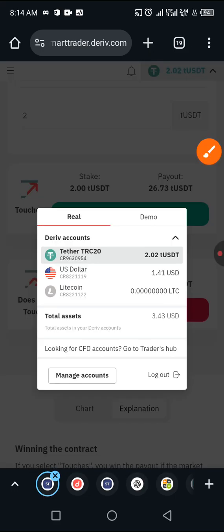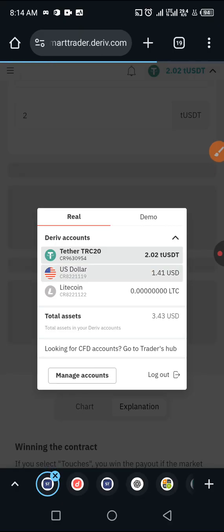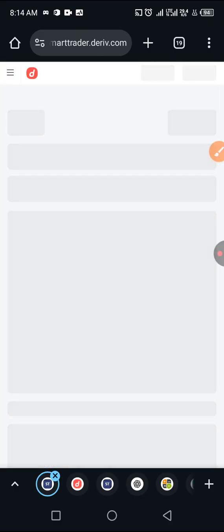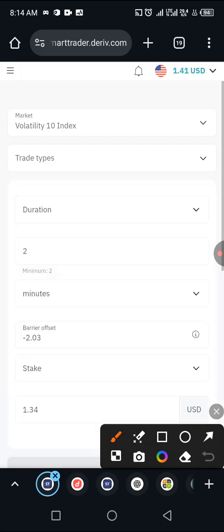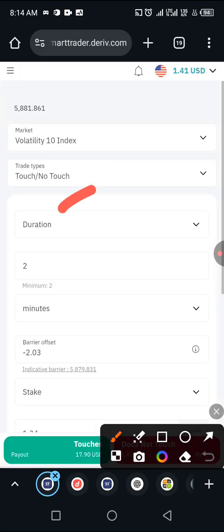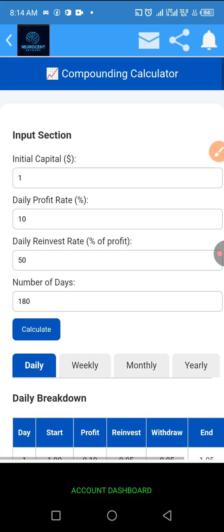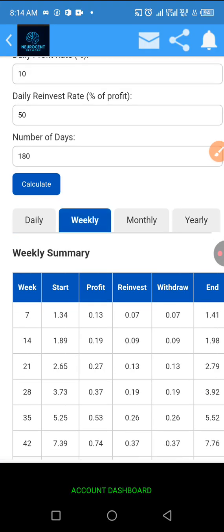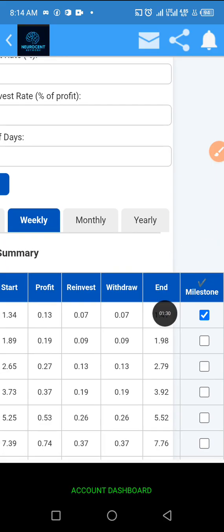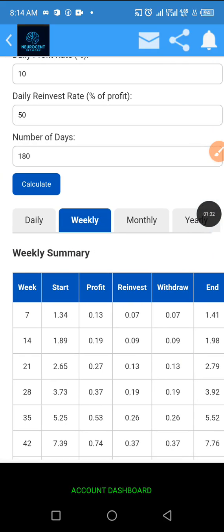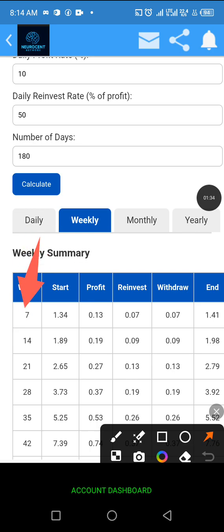This second account here is basically for our compounding. Okay, we are compounding everything, our weekly compounding, and there is the tracker. If you look, you are going to see 1.41. So we are done for this last week.